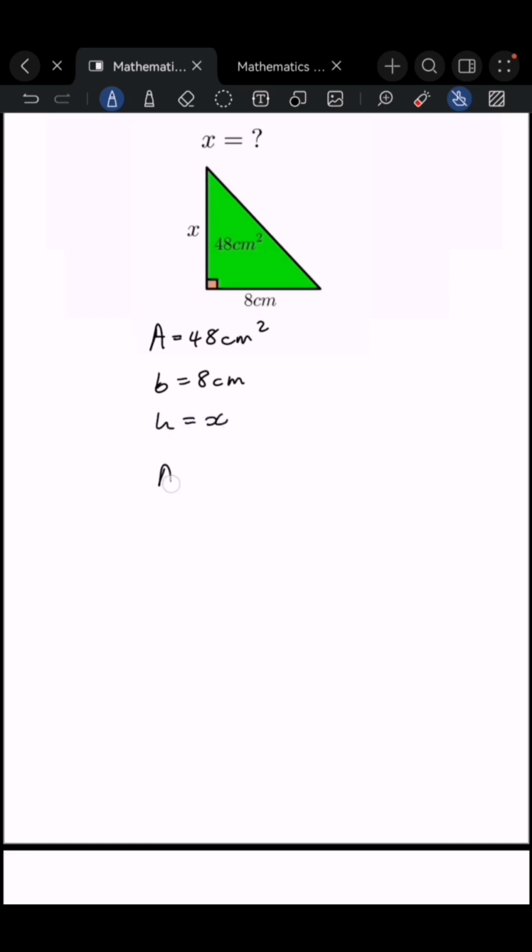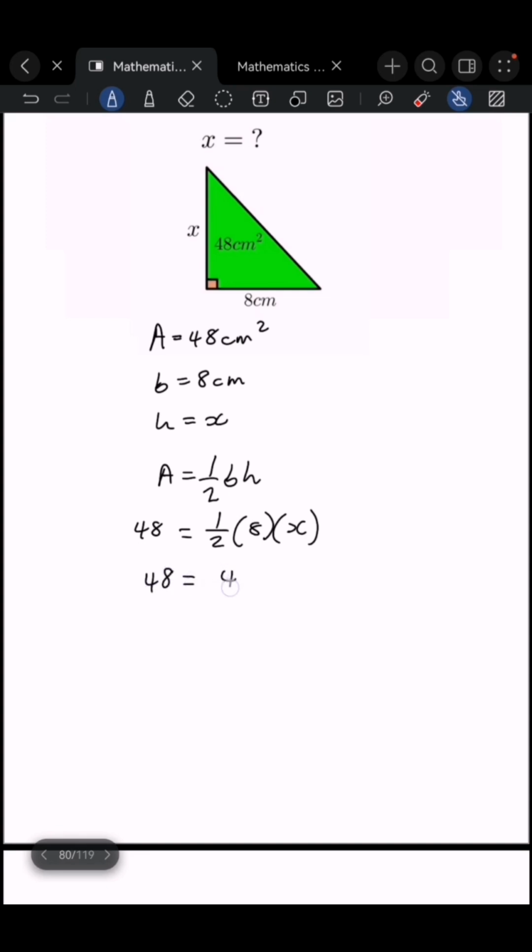What we realize is that area is equal to half base times height. In this case, the area is 48, half of the base, which is 8, times the height, which is x. We have 48 is equal to 4x, where x is going to be equal to 12 centimeters.